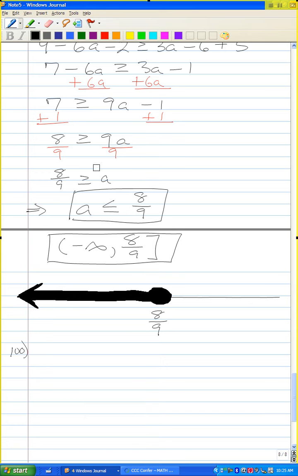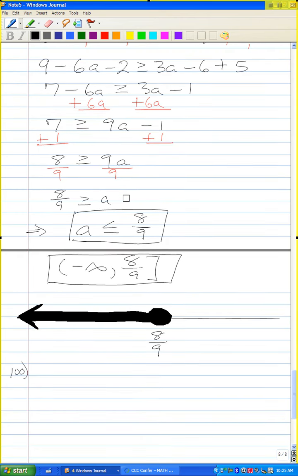Oh, because I want this. So you're saying going from this step to this step. Yeah. Okay, because I want to write this in standard form. Standard form means that I want the variable on the left side of my inequality. Notice that the variable in this case is on the right side.